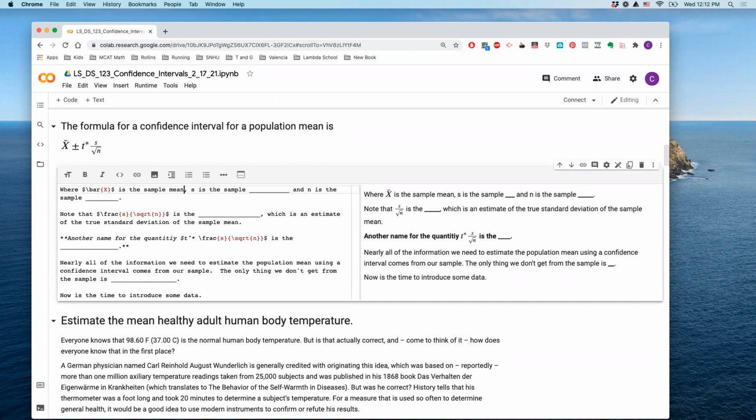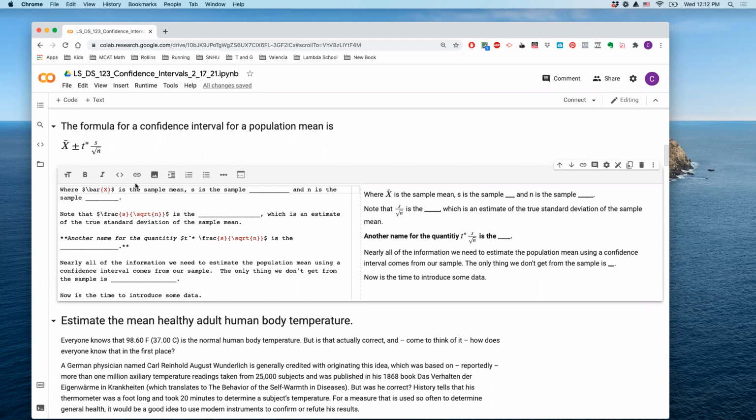Like, what is the quantity that we can actually get our hands on that's probably closest to the thing we want to estimate? Well, the sample mean, right? We expect, again, by the central limit theorem, that our sample mean ought to be pretty darn close to the population mean. So we are going to estimate our population mean starting out by looking at our sample mean.